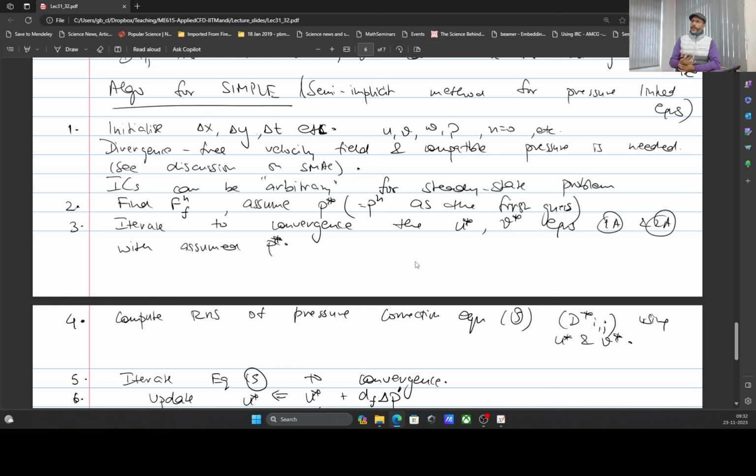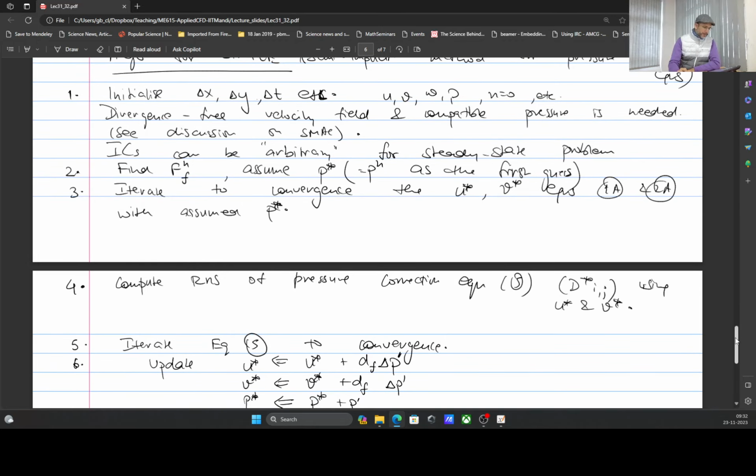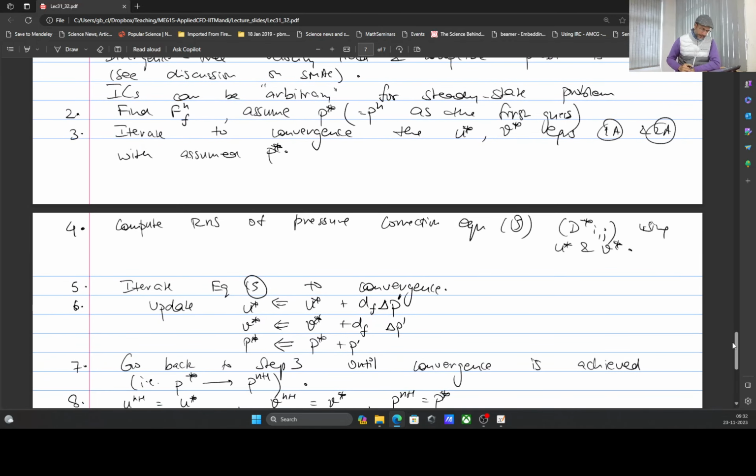To start with, yes, you start with f_n, because you only have the previous time velocities, right? And then you proceed further until we reach step number 6. So now we have updated u stars, v stars, and p stars, and now we are ready to continue.